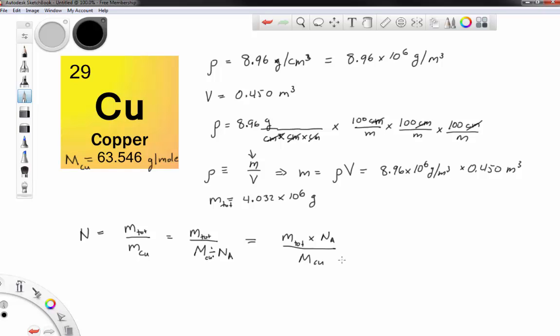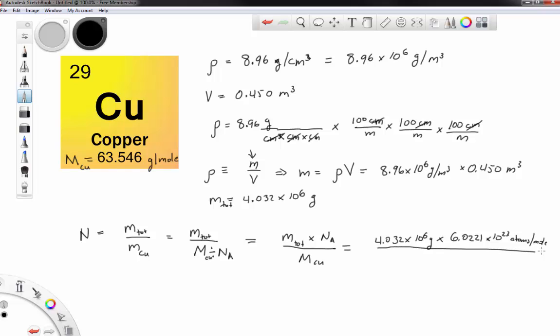Okay, let's plug our numbers all in here. So the total mass is 4.032 times 10 to the 6th grams. We're going to multiply that by 6.0221 times 10 to the 23rd atoms per mole.